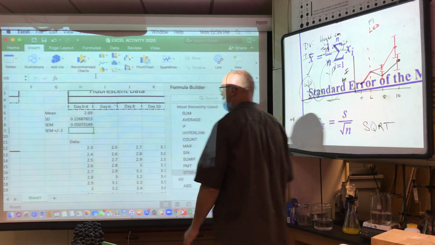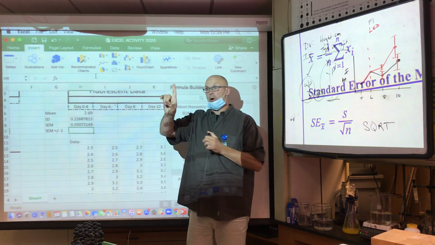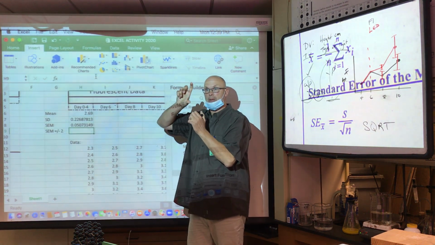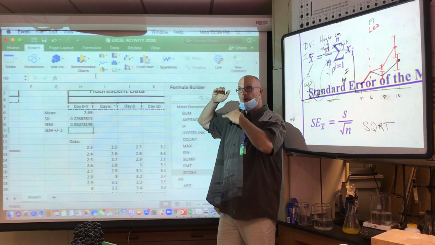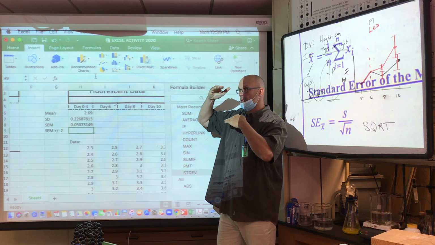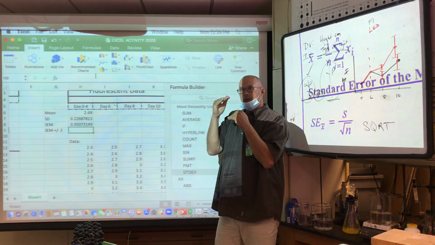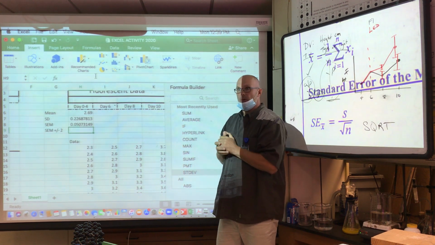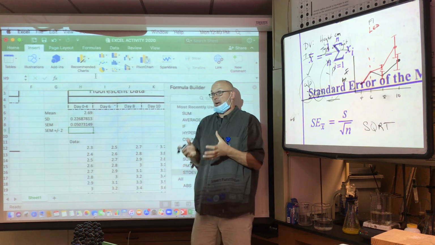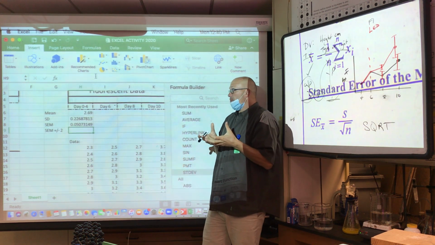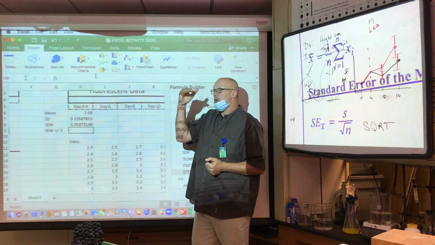Okay, and there is my SEM. But that's just one, plus or minus, the standard error of the mean, which gives you the range of confidence that your mean is what it's supposed to be. Remember, a low SEM, standard error of the mean, means that your value is taking on a lot of data, a lot of plants, and that your value is approaching the actual mean of the population.